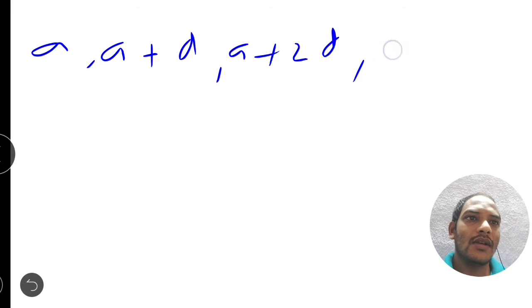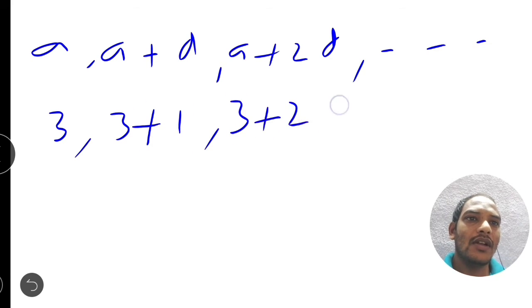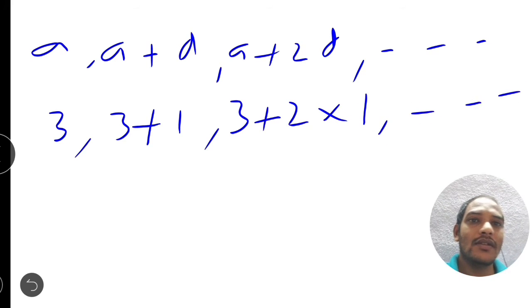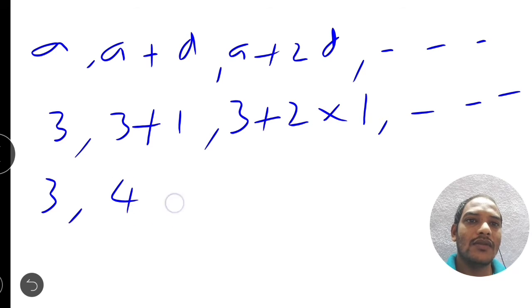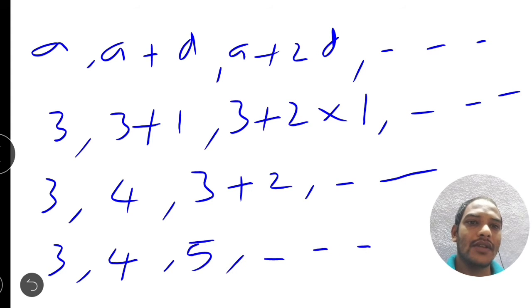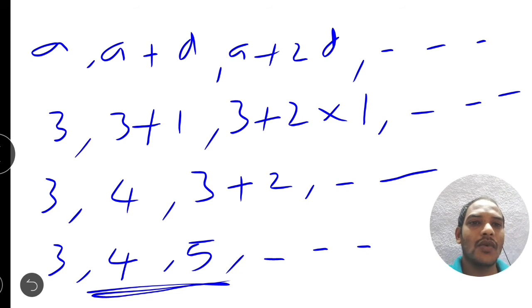Three terms are enough. a value is 3, a plus d is 3 plus 1, a plus 2d is 3 plus 2 into 1. So 3, 3 plus 1 is 4, 3 plus 2 is 5. So 3, 4, 5 is an arithmetic progression.